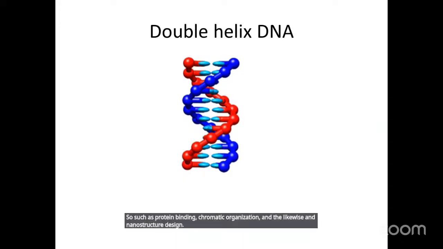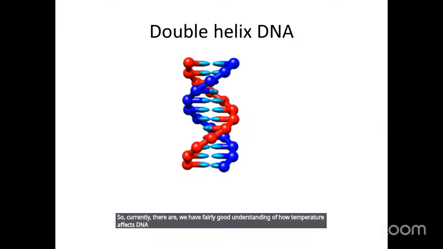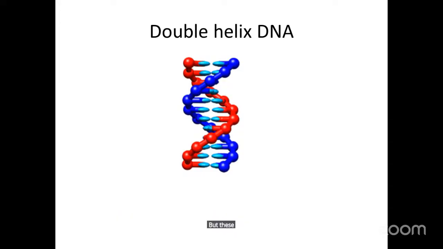Currently, we have a fairly good understanding of how temperature affects DNA. We also have a separate understanding of how ionic strength affects DNA. But these two variables are rarely treated together in a systematic way.